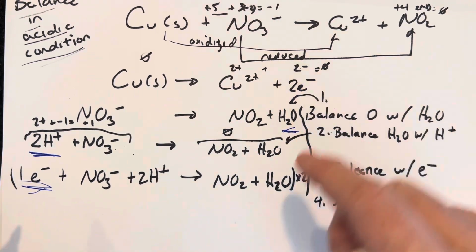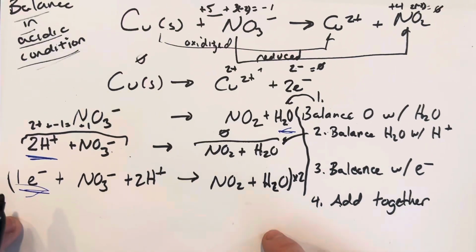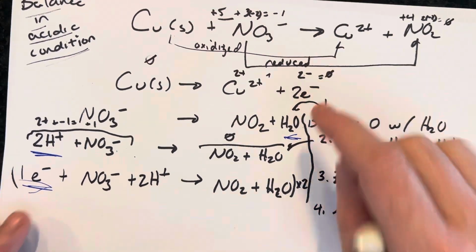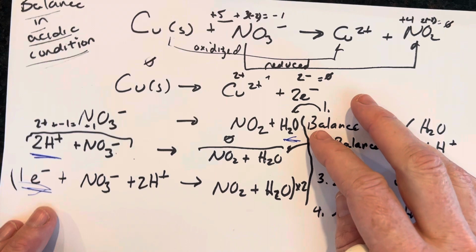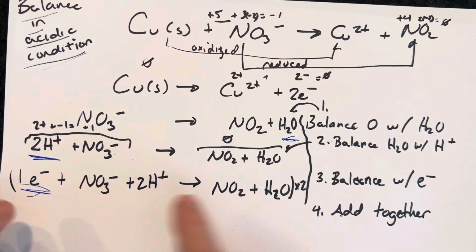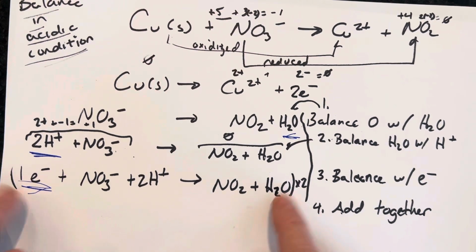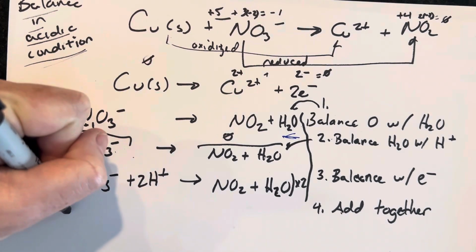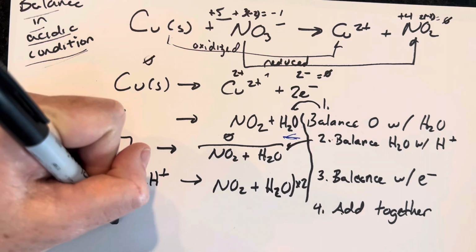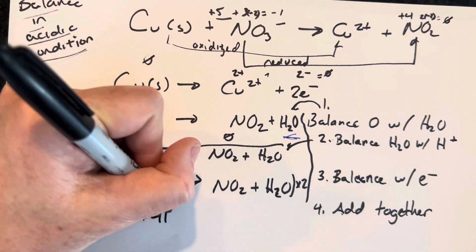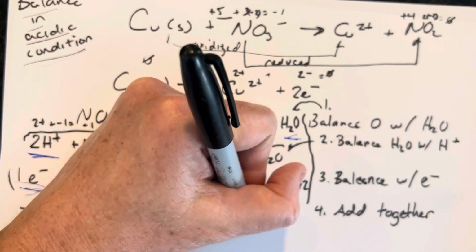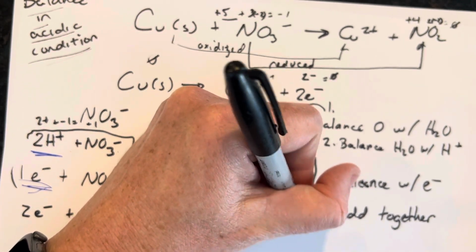So in order to do that, we're going to have to multiply this one by 2. You never know, you can multiply this one or that one or both of them by something in order to get the same number of electrons. But thankfully this one came out pretty straightforward, so we're just going to multiply the whole thing by 2. So now we have 2 electrons plus 2 NO3 plus 4 H plus, yielding 2 NO2 plus 2 H2O.